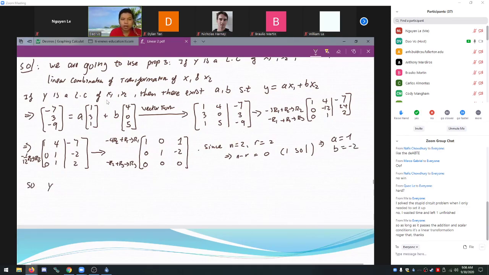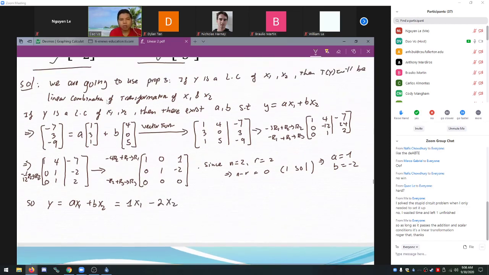So y is equal to a x1 plus b x2, now equal to 1 times x1 minus 2 times x2. Okay, so are we good with that so far? Okay, so those are just linear combinations, yeah?